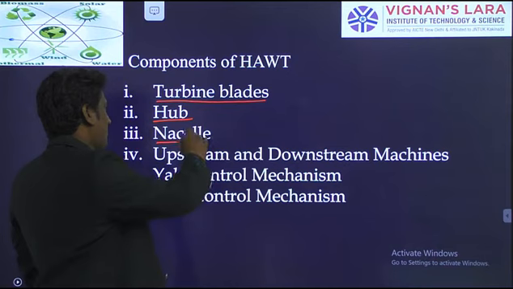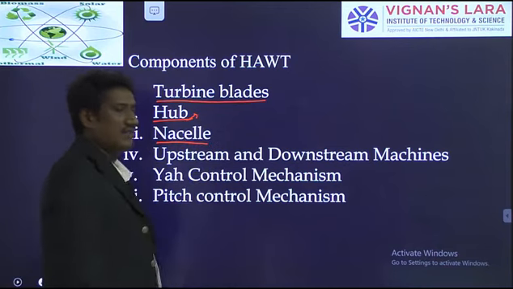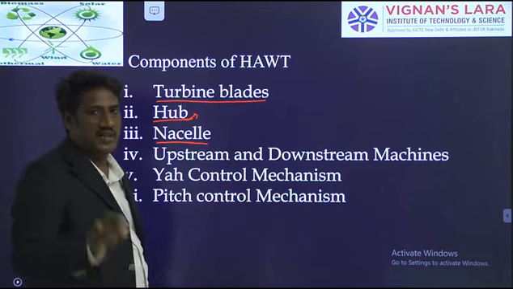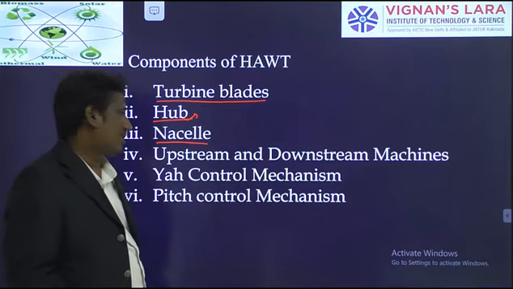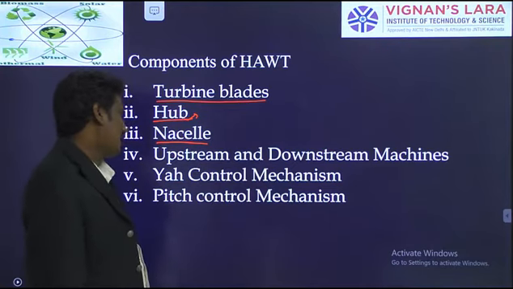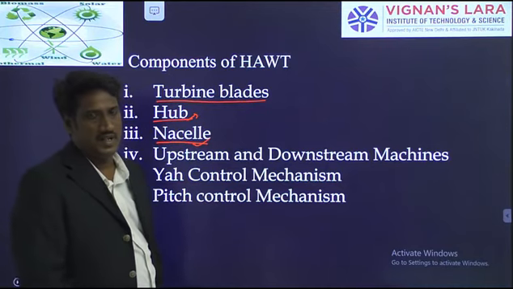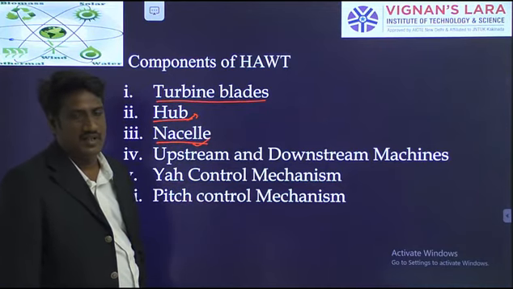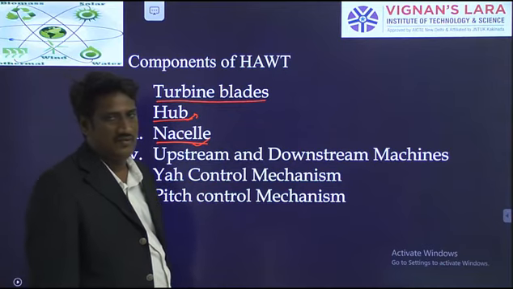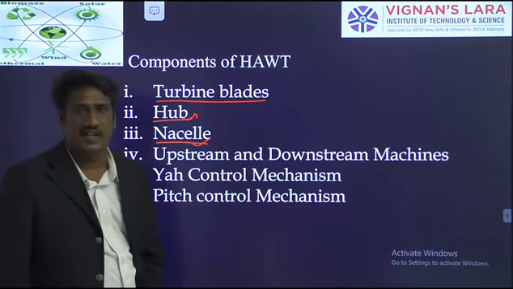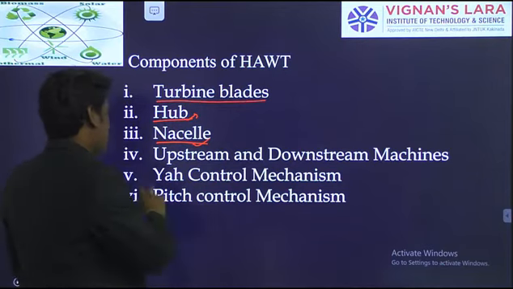The hub is where all the rotor blades will be connected; the common point you can call the hub. The nacelle is where all the important components will be placed, like the gear mechanism, generator, clutches, control equipment, and switchgear equipment.